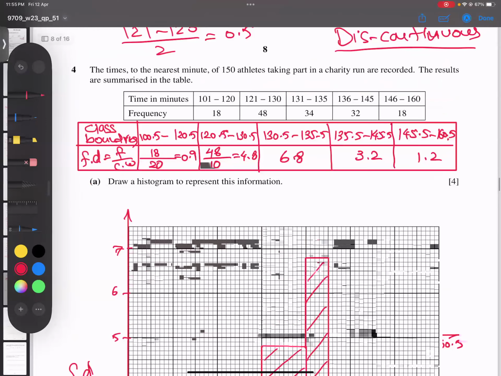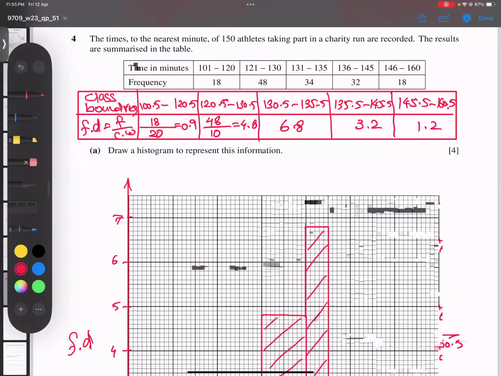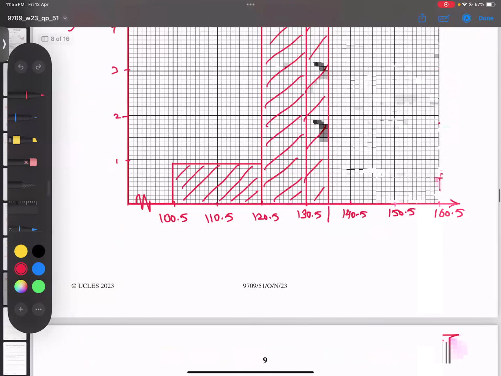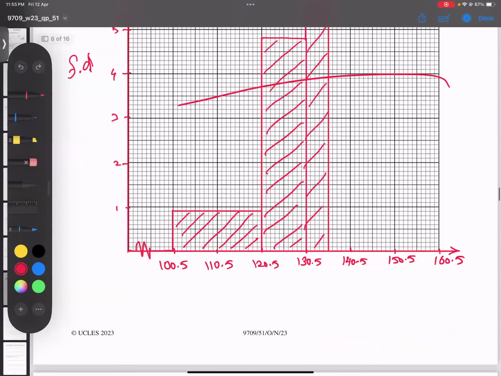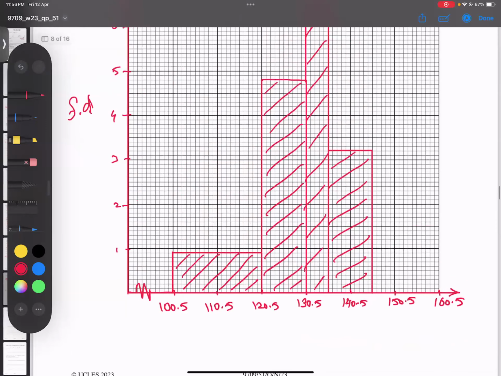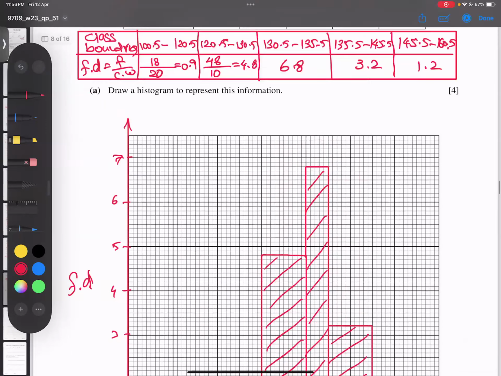So let's go for the second last, 135 to 145. It means I talk about this, and how much? 3.2. 3.2 is 2 boxes up, and I believe this is very clear. I have done this as well. After this, what is the next one?